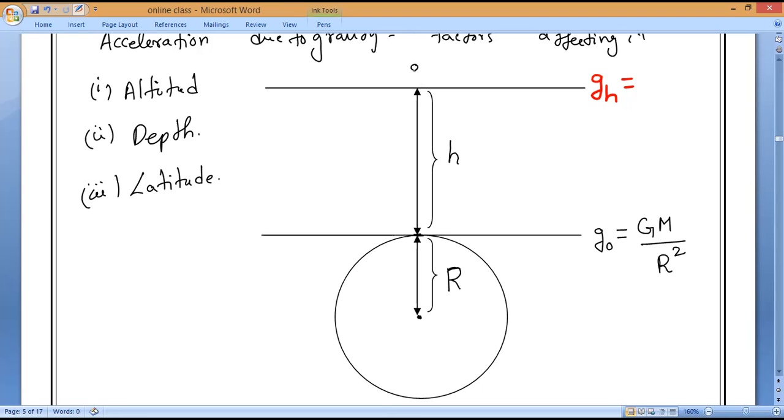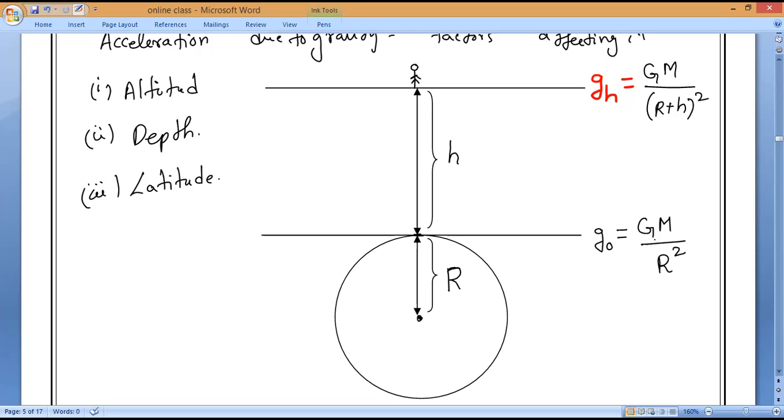The distance between me and the center of the planet is not just the radius; height is also added. So the formula is capital G into capital M divided by R plus h whole square.